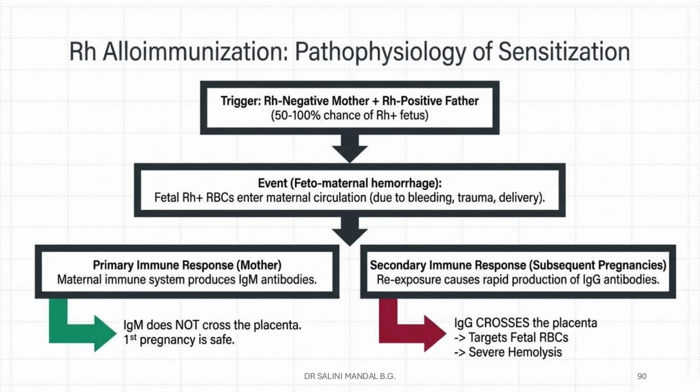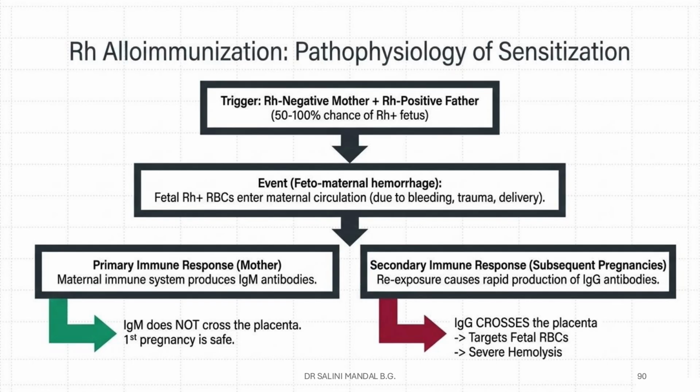So initially, what is going to happen? The mother's immune response is going to act up, and it's going to produce IgM antibodies. That's it. But if the second time the lady becomes pregnant and the same thing occurs, re-exposure is going to cause a rapid production of IgG antibody, and that is going to cross the placenta and target the fetal RBCs, leading to severe hemolysis.